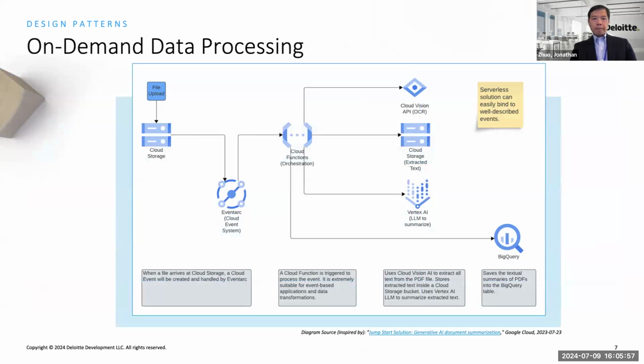This reference architecture is based on the on-demand data processing design pattern. When a file arrives at cloud storage, a cloud event will be created and handled by Eventarc, and a cloud function is triggered to process the event. It is extremely suitable for event-based applications and data transformation.